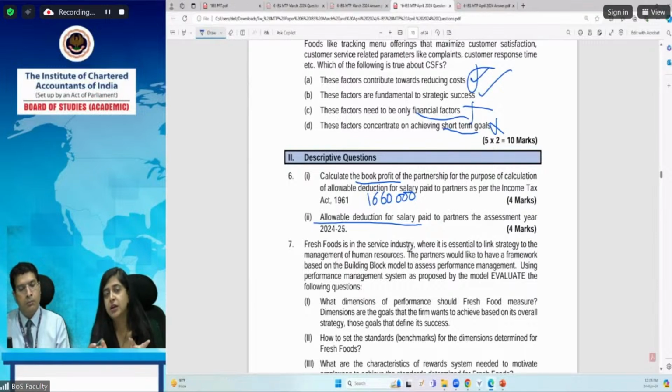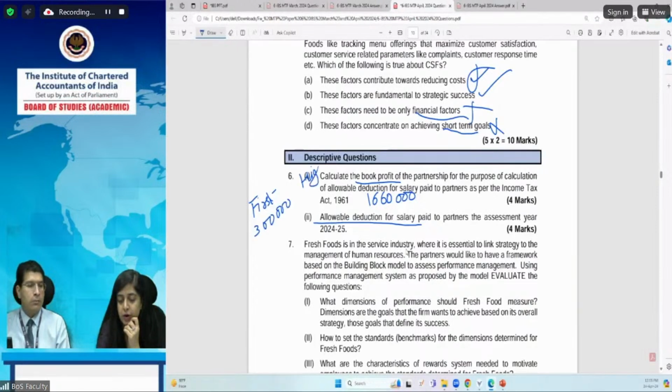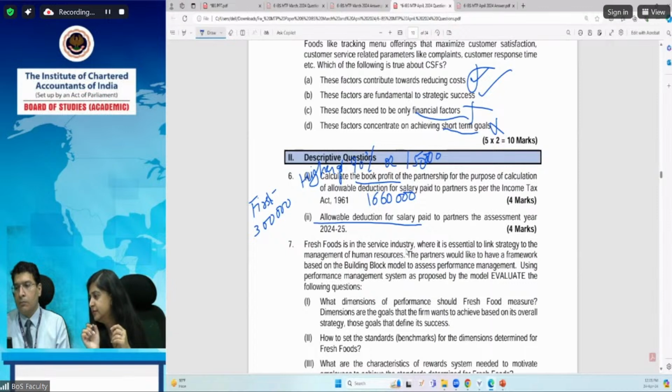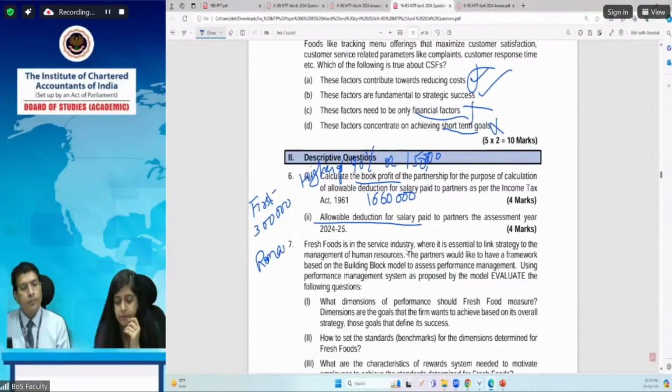The whole salary which the firm is paying to the working partners, is it allowed, or is there some limit? Yes, Ayushi has replied: for the first 3 lakh, the higher of 90% or 1,50,000, or for remaining book profit, it is 60%.